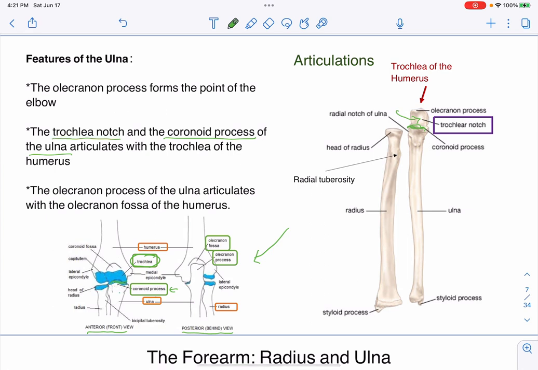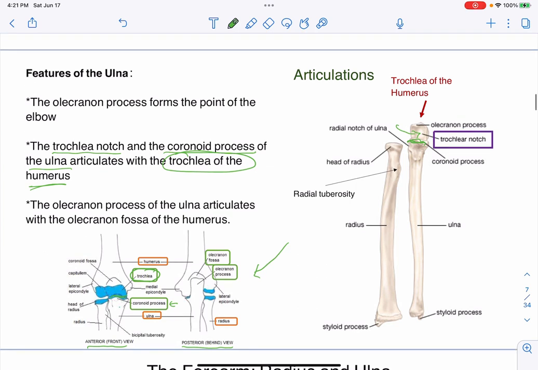So the trochlear notch and the coronoid process of the ulna articulates with the trochlea of the humerus. So it is really important to understand how these bones articulate with each other and have a good understanding of what features are coming into contact with the other bone.